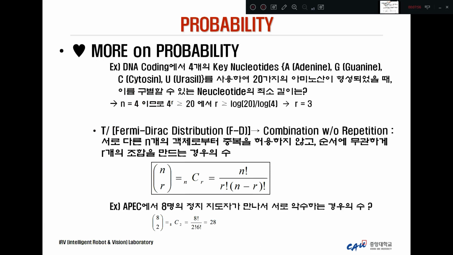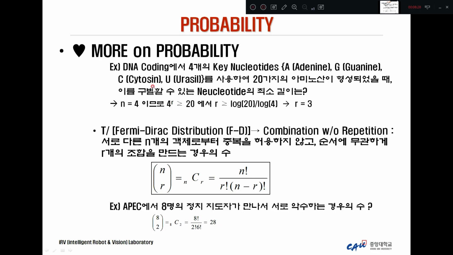For example, in DNA coding, we have 4 kinds of key nucleotides: A, G, C, U. That is adenine, guanine, cytosine, and uracil. Sometimes uracil is replaced by thymine. By using those 4 nucleotides, we are trying to form 20 kinds of amino acid.